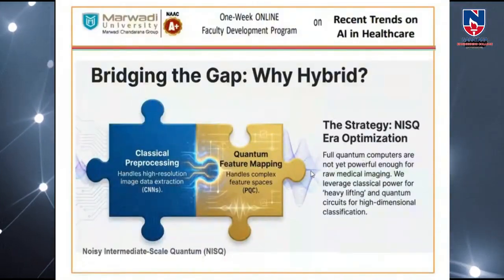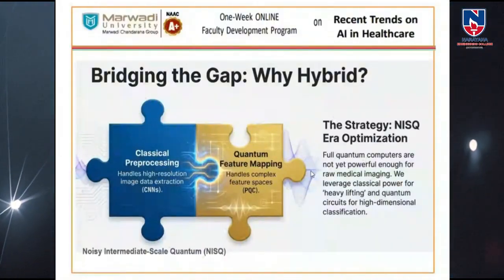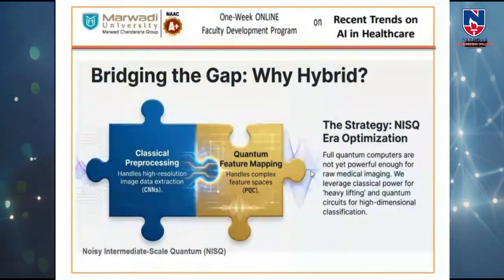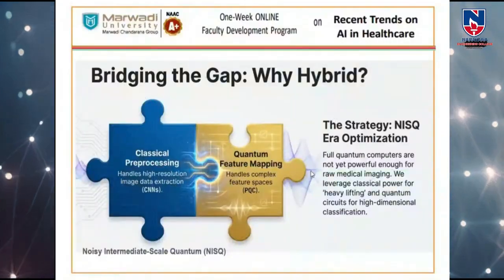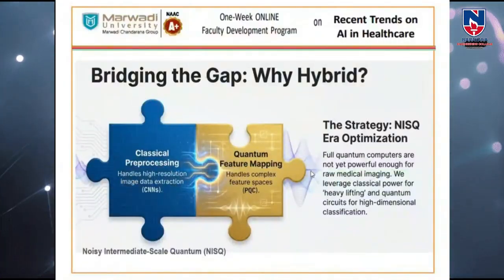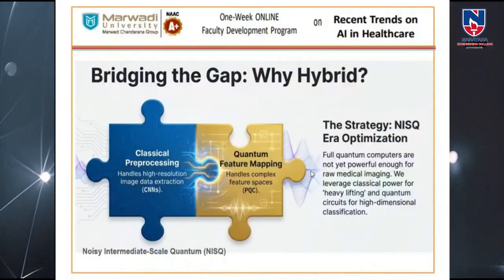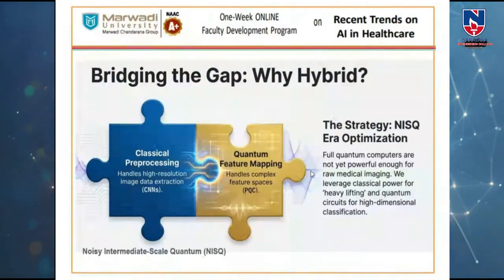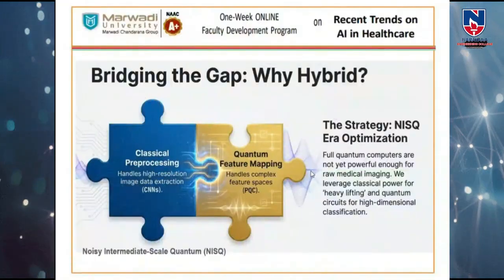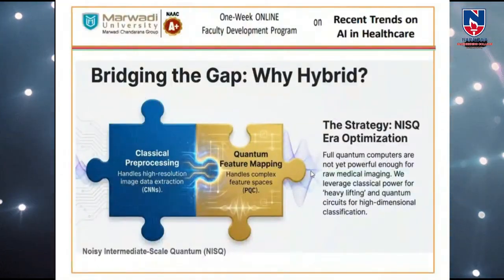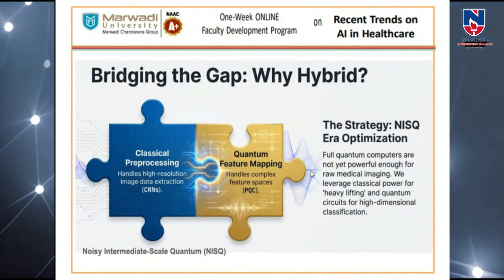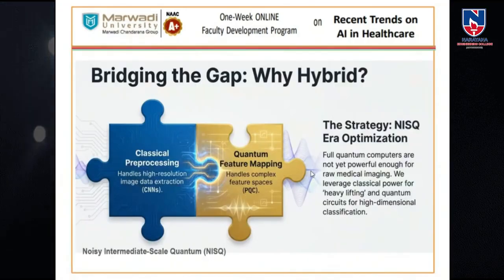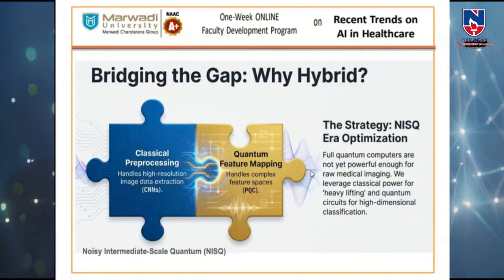Given the current hardware limitations, limited qubits, noise and decoherence, a fully quantum pipeline is not at all feasible. Therefore, the hybrid strategy is practical and optimized for the NISQ era. The classical model handles the large-scale data processing, whereas the quantum circuit enhances the nonlinear feature representation and classification.